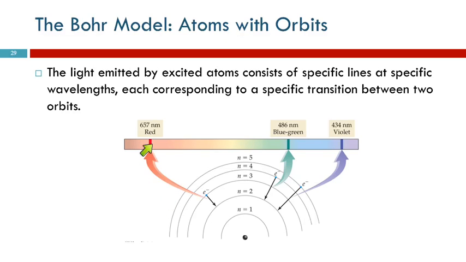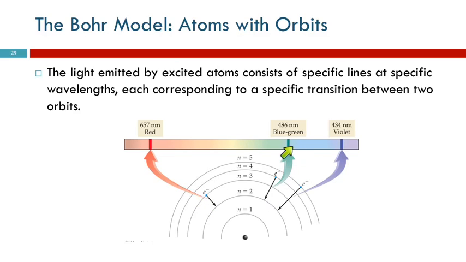The reason that we see a particular line, so for hydrogen, one of the lines is a red line with a wavelength of 657 nanometers. We can calculate the amount of energy that corresponds to that. And that is equal in energy to the difference in energy between level 3 and level 2, the orbits.